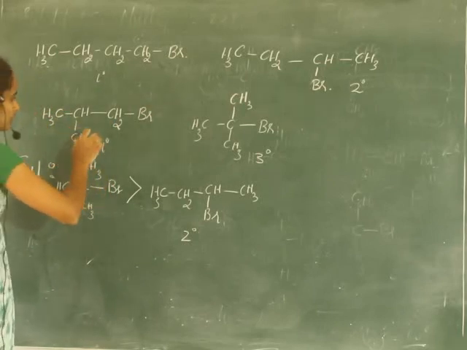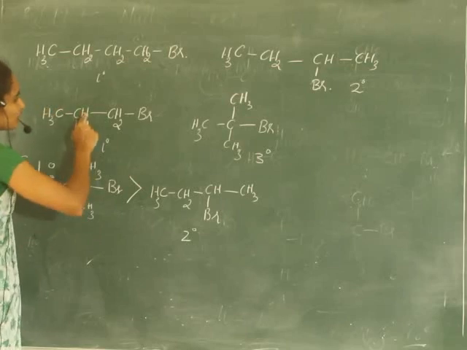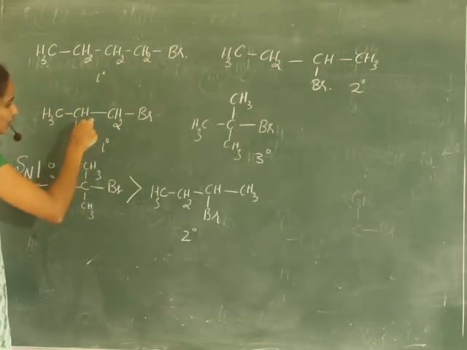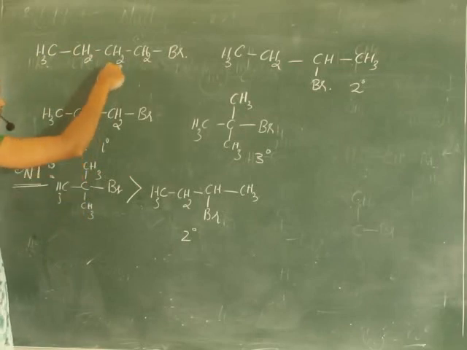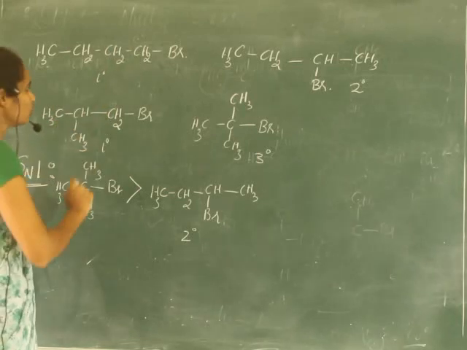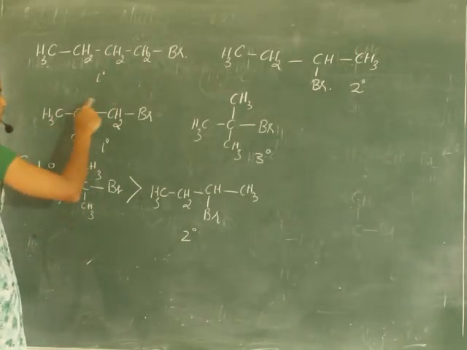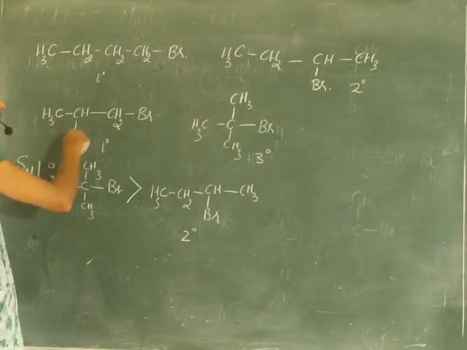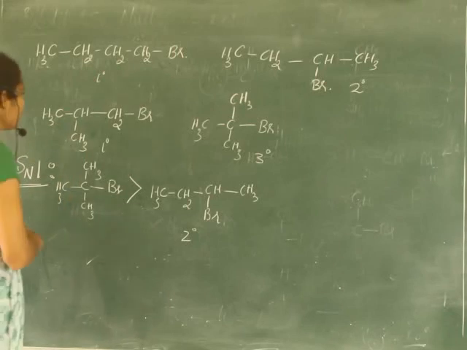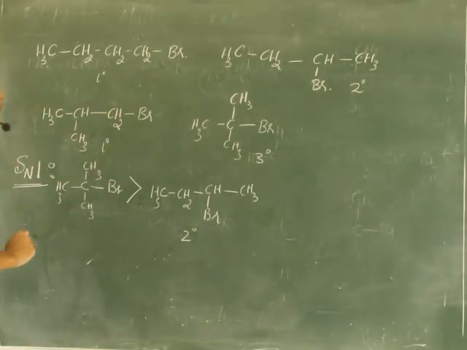It is stabilized by greater inductive effect compared to this. Hence this compound reacts to a greater extent compared to the simple primary halobromobutane. The name of this compound is 1-bromo-2-methylpropane. Here it is 1-bromobutane, right?